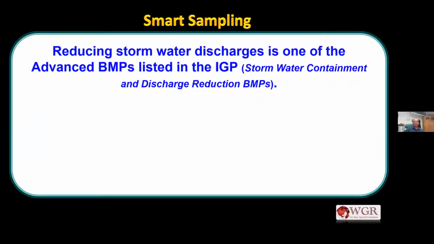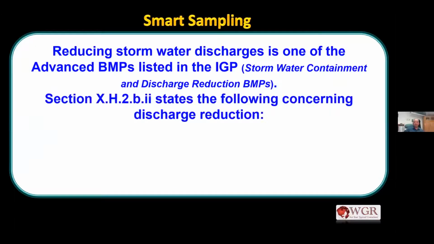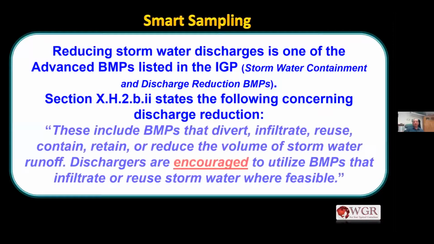Reducing stormwater discharges is one of the advanced BMPs listed in the IGP. So we talked about ponds or squares, and basically that's one I like. You have a couple of advanced BMPs, or structural physical BMPs. One is treatment controls, which we talked about in part 1 of the training I did today.